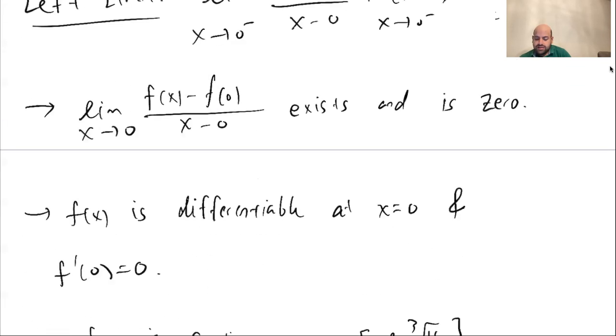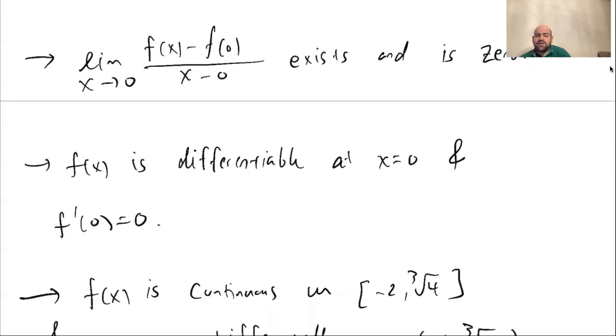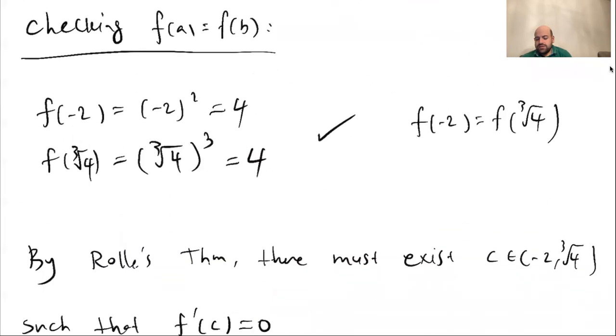Well, we just checked here that f prime of 0 is 0. So the c value that we are looking for and guaranteed by Rolle's theorem is basically c equals 0, because f prime of 0 is 0. So we are looking for a value of c with f prime of c equals 0. So we can set c to be 0.